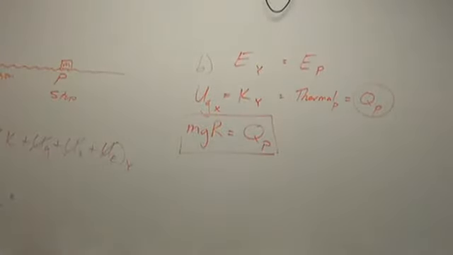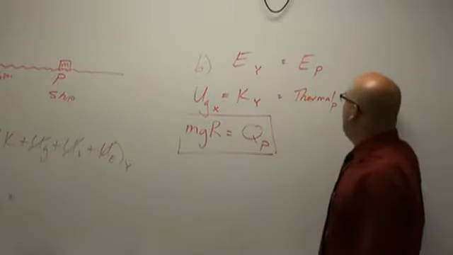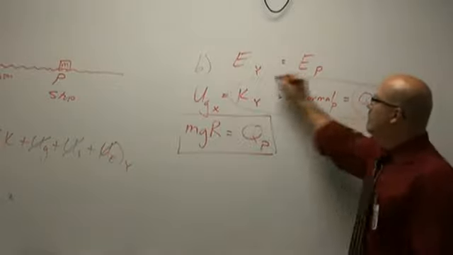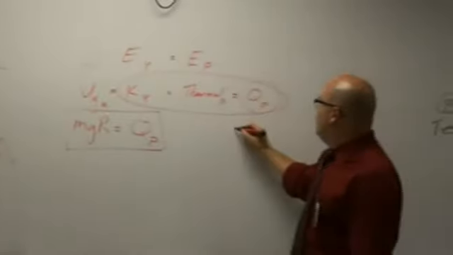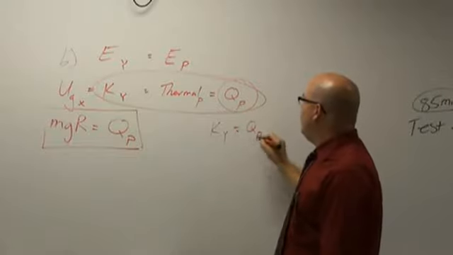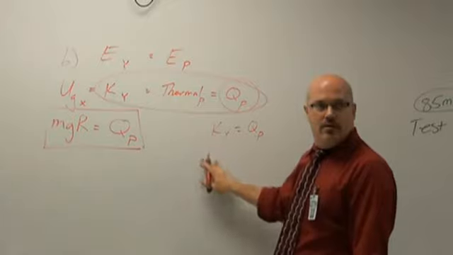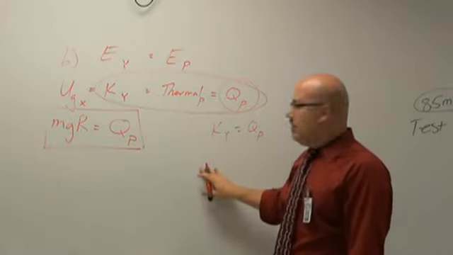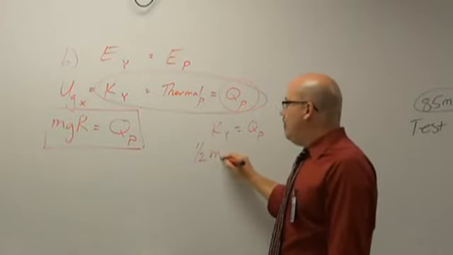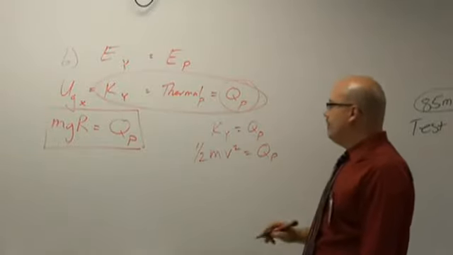There we go. Now, for those of you that don't want to solve it that way, for those of you that see it this way, that's okay. If you see it this way, kinetic energy at Y equals the heat that's generated at point P. So what do I put here? 1/2 mv squared equals the heat that's generated.